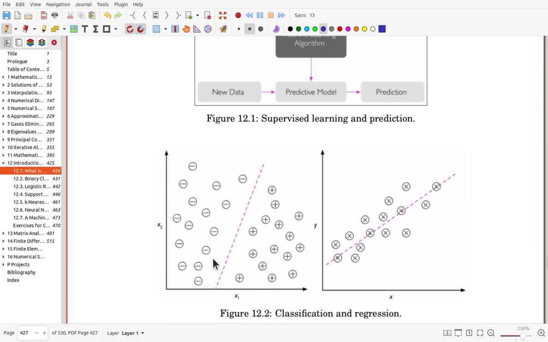Here, the left figure is saying that there are negative points and positive points. So practically, a function is made like this line, a separating line. So, for example, if a point comes here, then the function may say that this new point is a kind of negative point.